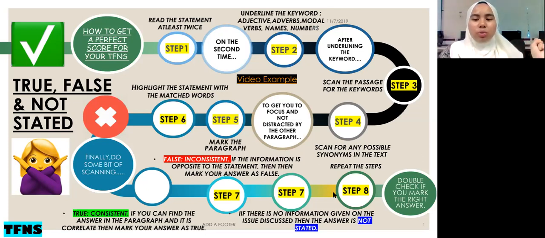And my last step for TFNS is that you have to double check if you mark the right answer, because I believe that some students have a little bit of confusion, so they tend to mark a different answer from what they want to. So in order to avoid those kinds of mistakes, you have to double check. I hope that you are clear with the steps that I have provided. Basically, I have provided 8 steps for you to get a perfect score for your TFNS.